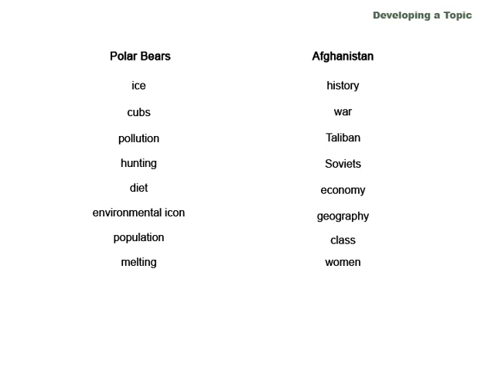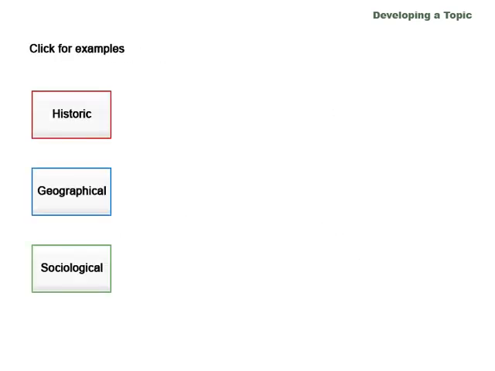It might help to write this process down. After you've brainstormed some ideas and associations, it can help to think about approaches that might help you to further develop your topic. Click on the approaches below to see some examples.